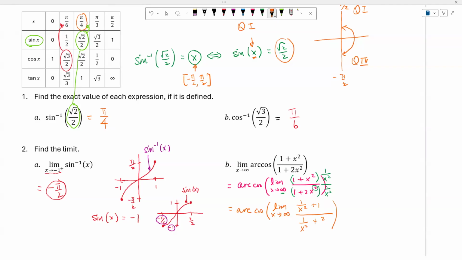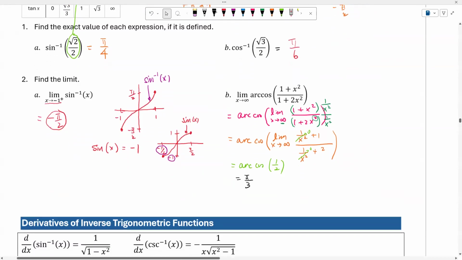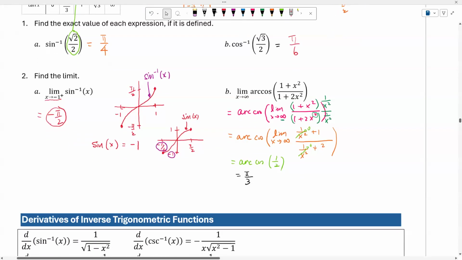Of course, we know that this goes to 0, this goes to 0. So I will have arc cosine of 1/2, which is pi/3. So my answer will be pi/3.